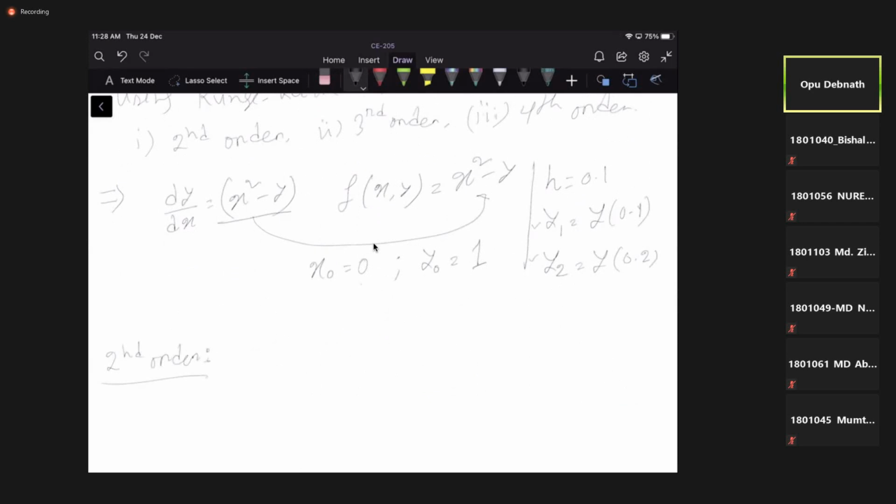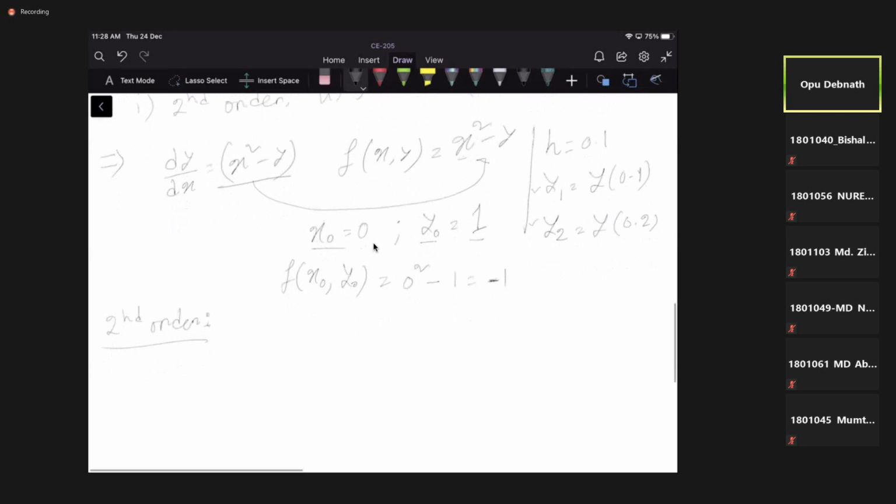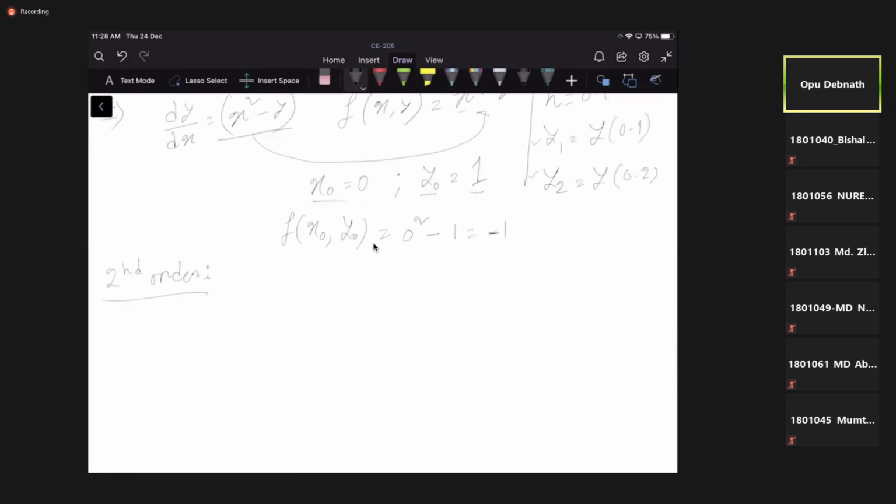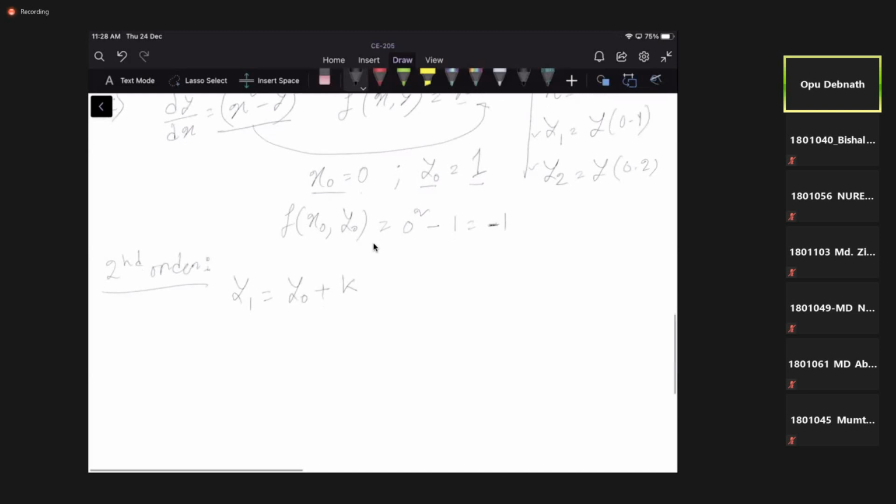Okay, so I have x0 and y0. If I want to calculate f of x0 y0, x0 is 0, so 0 square minus 1. So f of x0 y0 is simply minus 1. For the second order Runge-Kutta method, we know y1 is equal to y0 plus k, where k is equal to half of k1 plus k2.